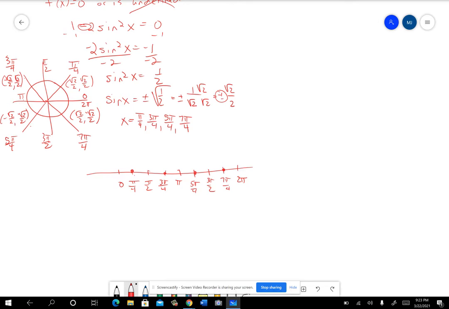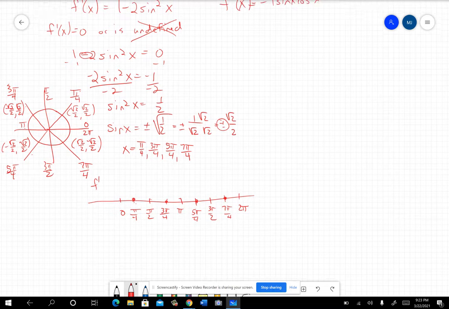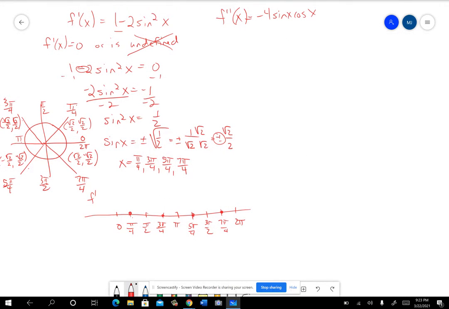All right. So let's think about what f prime does when you're at 0. Remember f prime, let me back it up just a little bit. Okay, f prime is this. So when you plug in 0, sine is going to be 0. You square that, you're going to get 0. 2 times 0 is 0, so you'll have a positive 1.